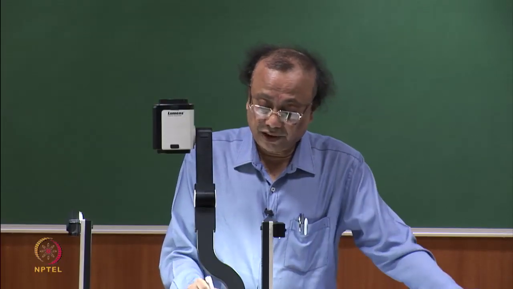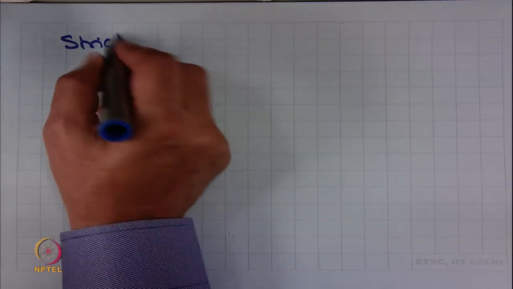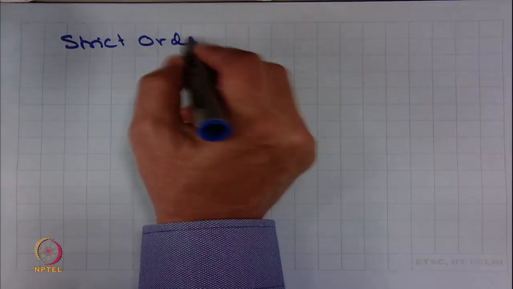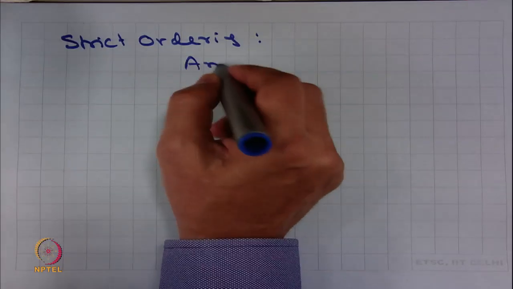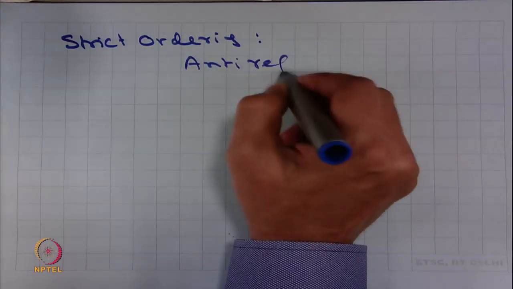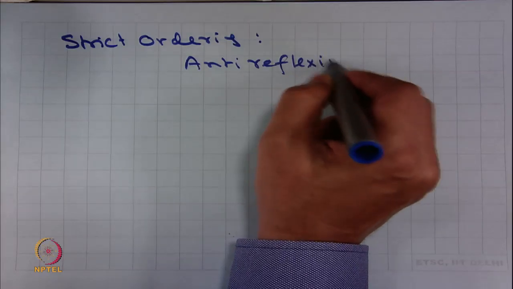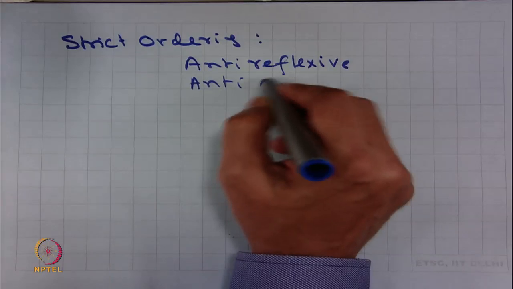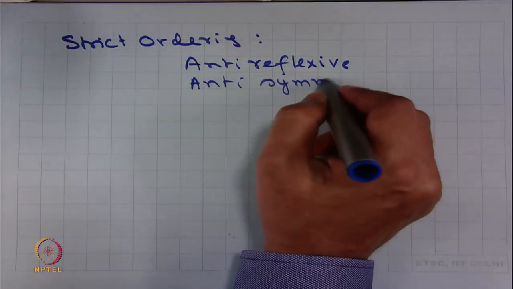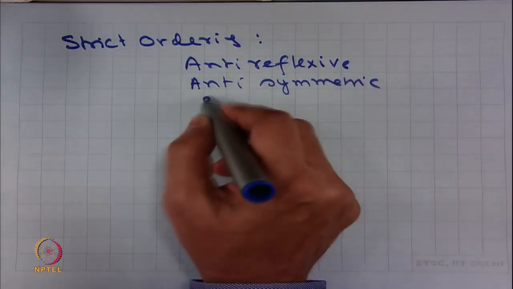For strict ordering, it should be anti-reflexive, antisymmetric, and transitive.